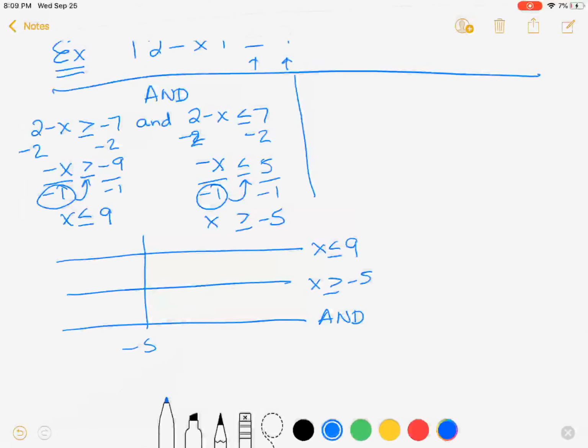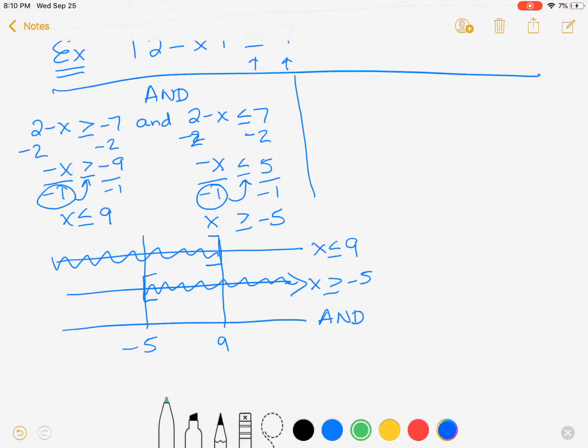So I've got negative 5, positive 9. Now, when I do x less than or equal to 9, it's going to be a bracket shaded to the left. X greater than or equal to negative 5 is going to be a bracket shaded to the right.